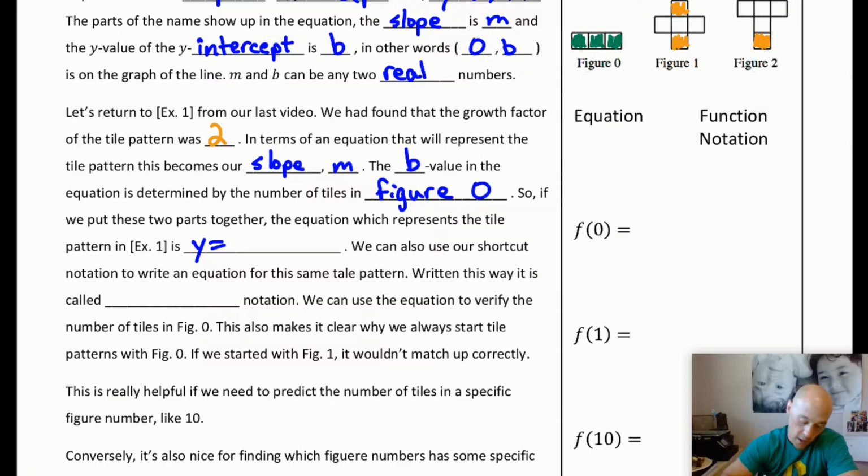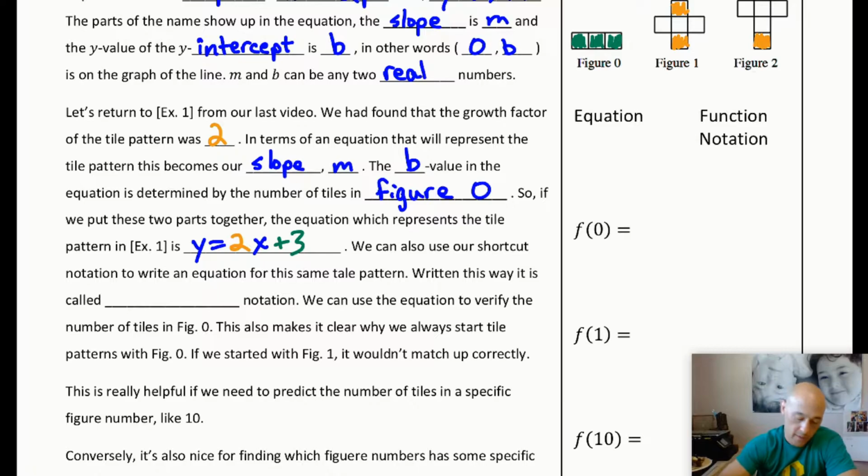So here we have our slope, m is 2, so y equals 2 times x plus 3. It grows by 2, and it starts in figure 0 with 3 tiles.